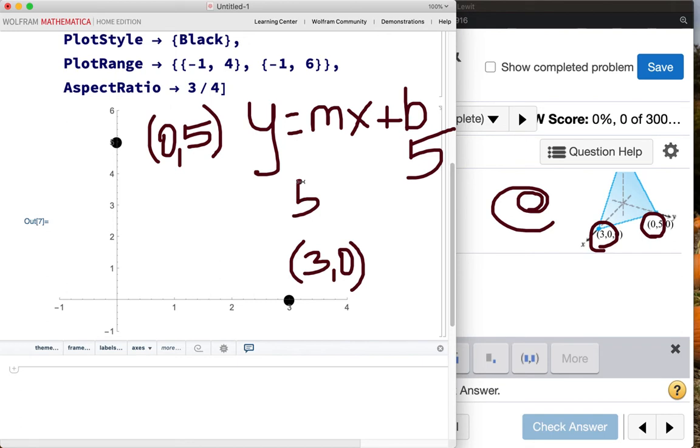We have 5 minus 0, divided by 0 minus 3.